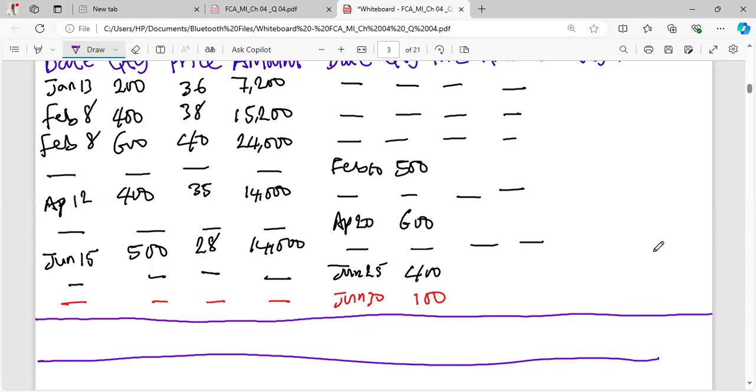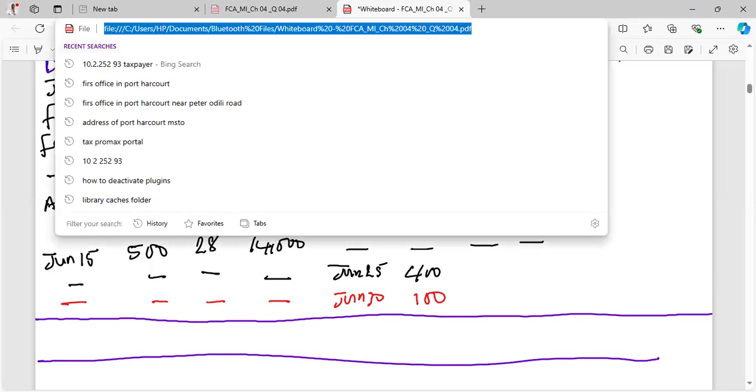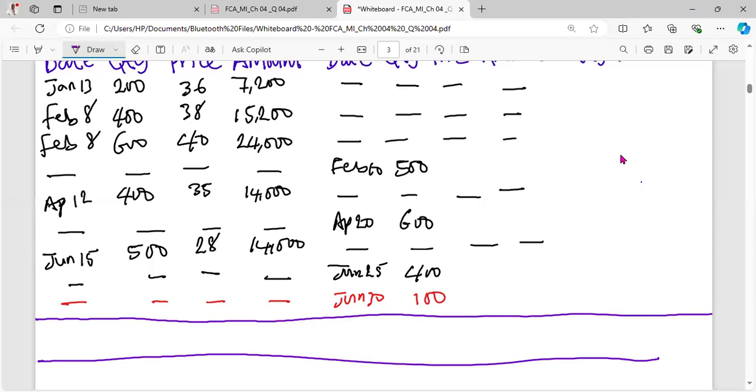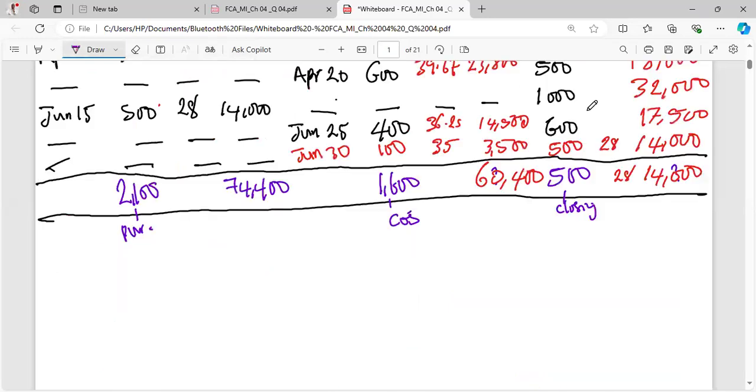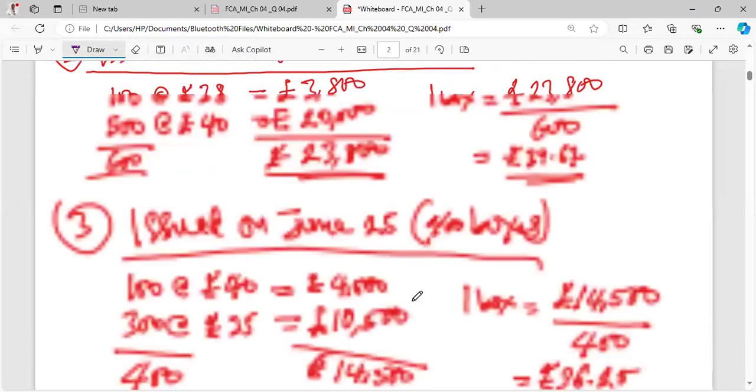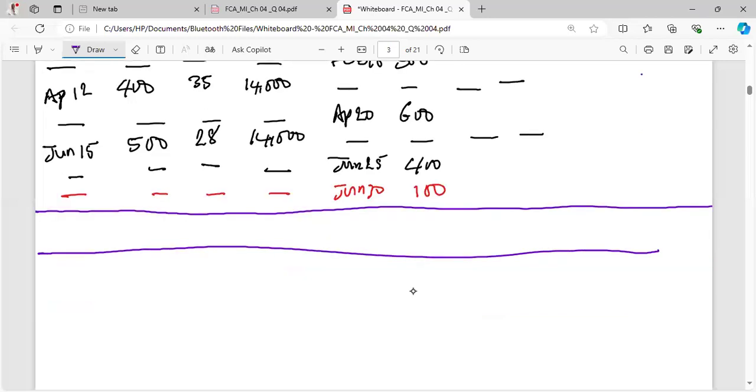And as before, this will give us 21,74,400. This will give us 21,74,400.